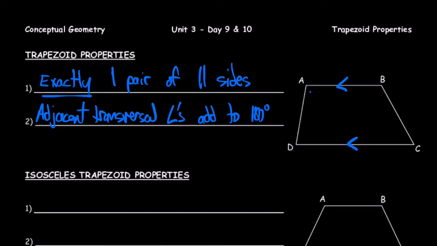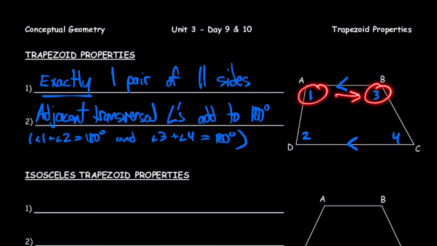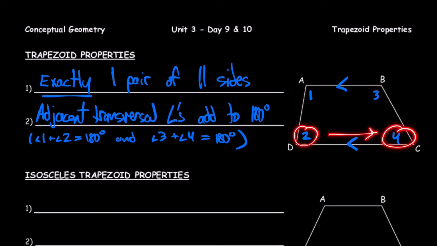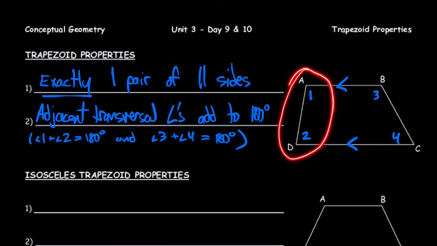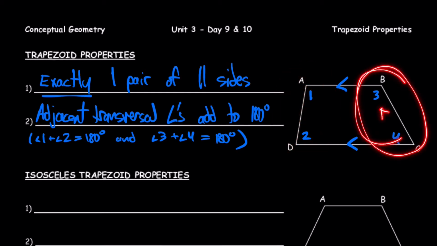So if I number the angles in this figure 1, 2, 3, 4, what I know is angle 1 plus angle 2 equals 180 degrees, and angle 3 plus angle 4 equals 180 degrees. But there is no relationship between 1 and 3 or between 2 and 4. So if you're on the same side, or the transversal, these two add to 180, and then on this side, those two add to 180.